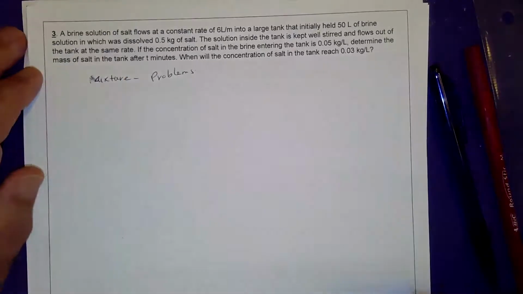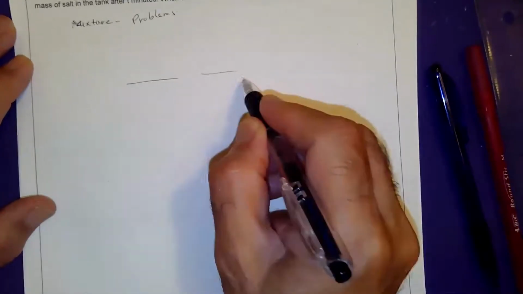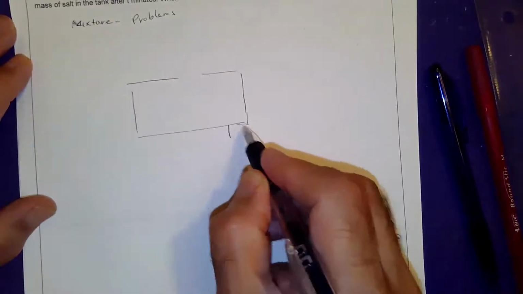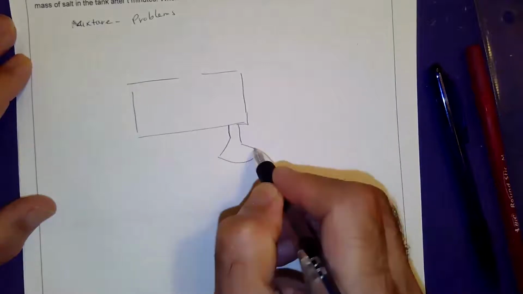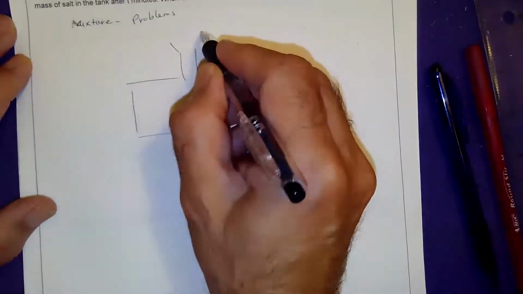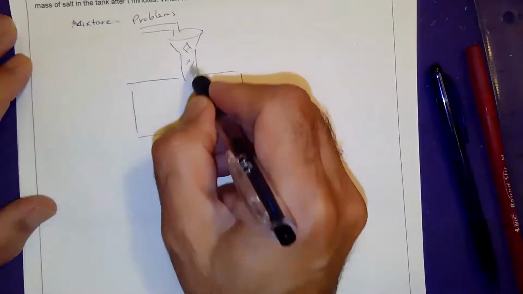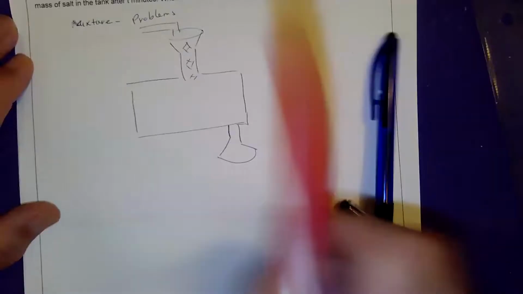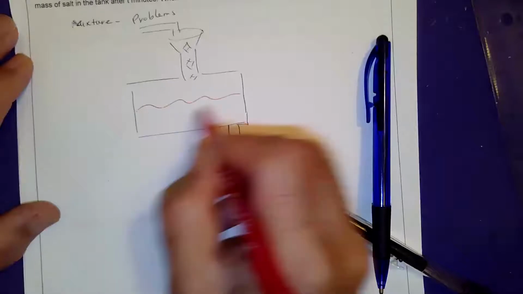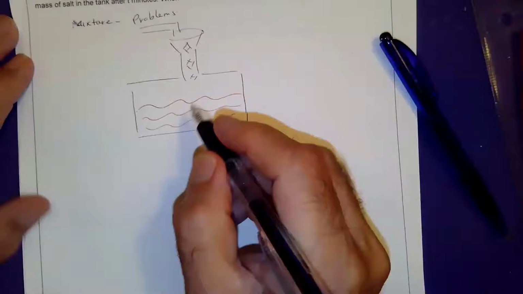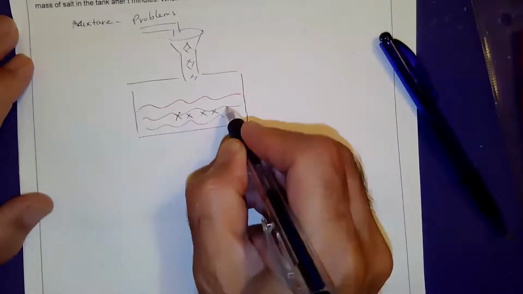Okay, let me draw the scenario. This is what's happening. You have a tank. It has an outlet, and it has an inlet, like so. They are pouring some solution into the tank, but initially the tank had 50 liters of brine and also 0.5 kilogram of salt in it.